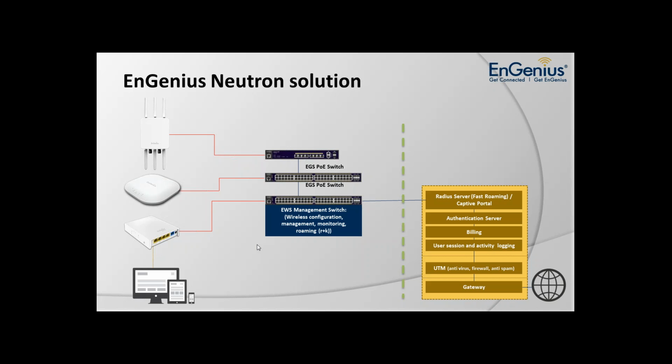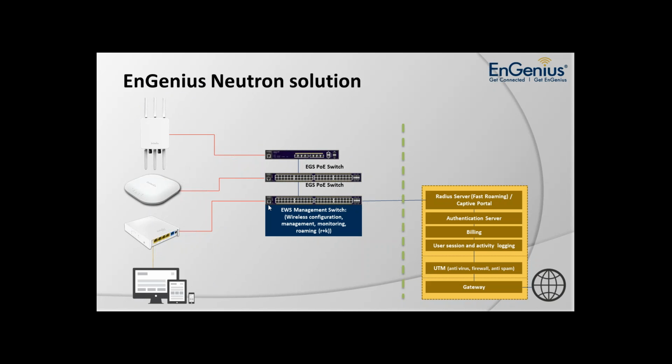The Neutron solution as it is up to now without ezMaster is you have the EWS switch here, which controls the access points in your network. So pretty much the whole solution of EnGenius Neutron solution is within this connection and within this circle that I'm trying to indicate here. Switch is controlling access points, and if needed, you can use some additional PoE switches to extend your network to have enough ports or to have enough power.